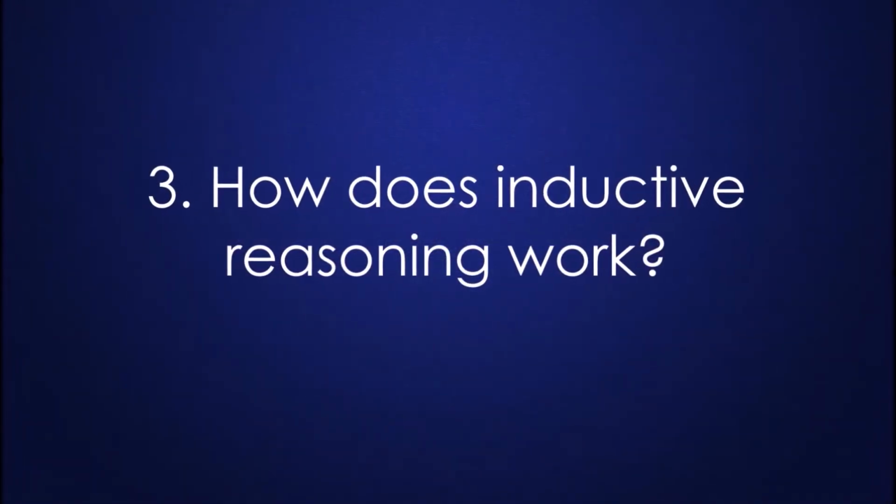3. How does inductive reasoning work? With inductive reasoning, you make observations to reach a conclusion. This skill is useful in making predictions and creating generalizations. Your conclusions may not always be true, but they should be reasonable based on the evidence.